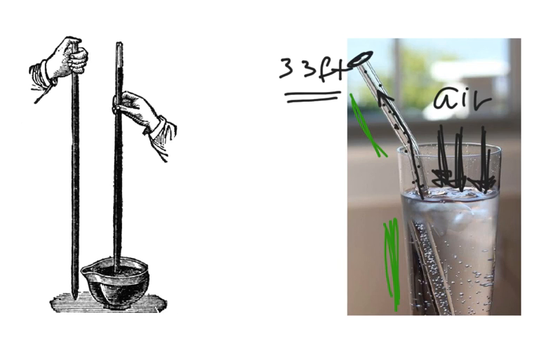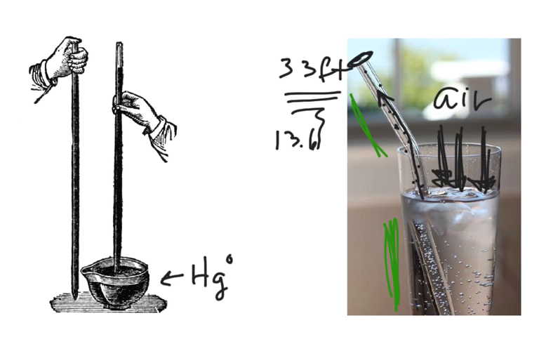From day to day, we could find out how many feet of water that is. It's inconvenient because a 33-foot column of water is going to be hard to measure. Now, if we use something like mercury, which is about 13.6 times more dense than water, the column would only have to be 13.6 times smaller. So 33 feet divided by 13.6 gives an answer of a little less than 3 feet.